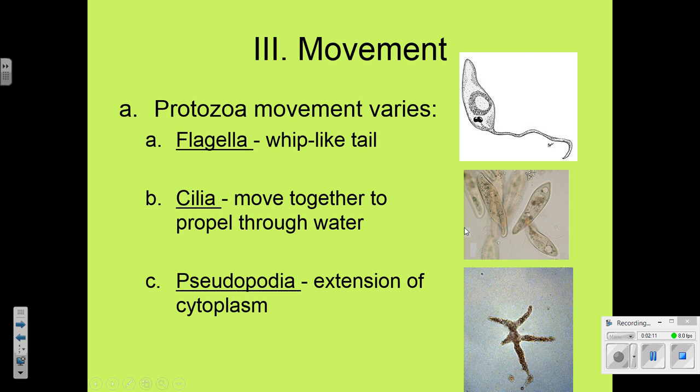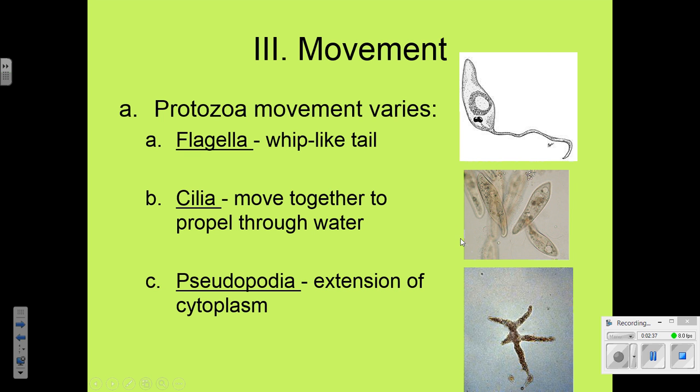So the animal-like protists, called protozoa, have different ways that they can move. The first would be a flagella, which is the long whip-like tail, and it spins like a boat motor propeller. So again, steering's a little bit hard to do. Another way is cilia, which are the little hairs that do a nice rhythmic sweeping motion in unison, and so it can help move the cell in one direction, propelling it through the water.